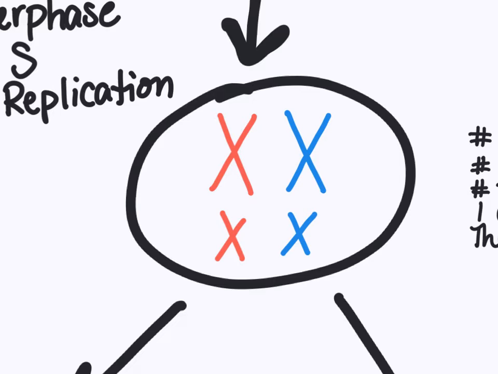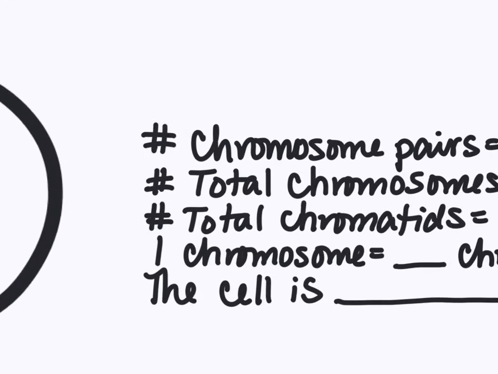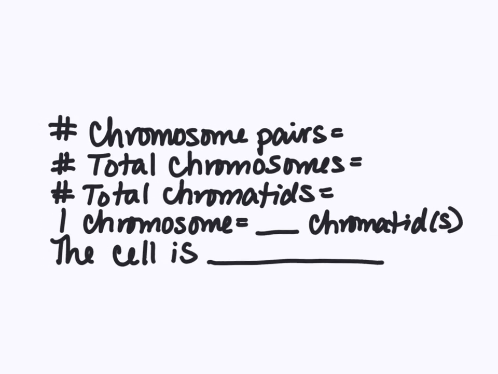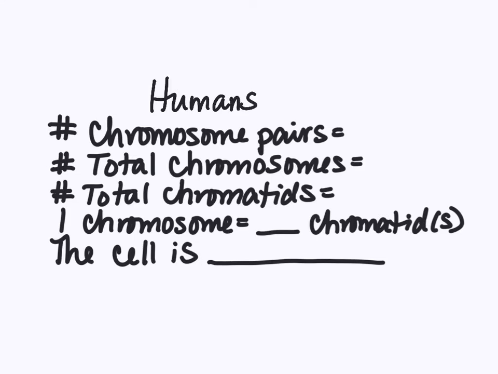So let's take a look at how many chromosomes and chromatids are now present at this stage of the cell cycle. Once again, if we're talking about humans, the number of pairs of chromosomes present at this point would still be 23 pairs. We haven't added any new chromosomes, we've only added extra chromatids. So we still have a total of 46 chromosomes.